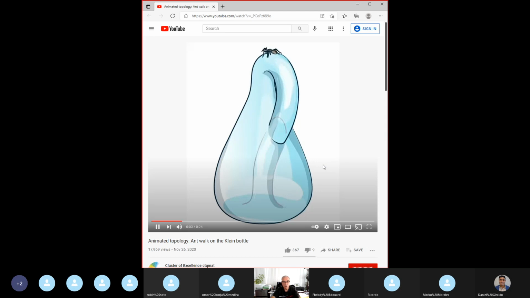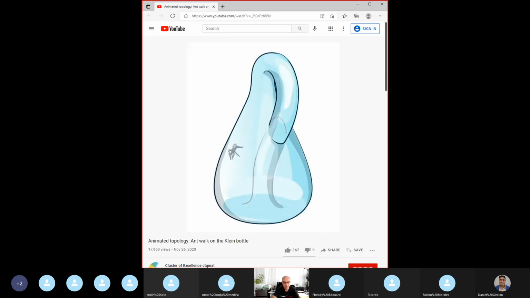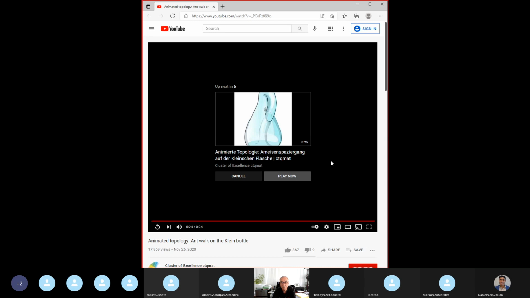One ant walking around the Klein bottle, goes inside. Now it goes to the other part and goes outside. This bottle has only one face. This is the most important conclusion, guys: we have two kinds of surface, orientable and non-orientable.